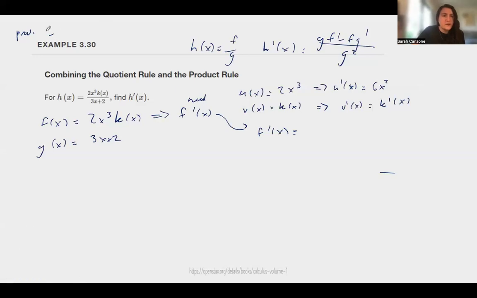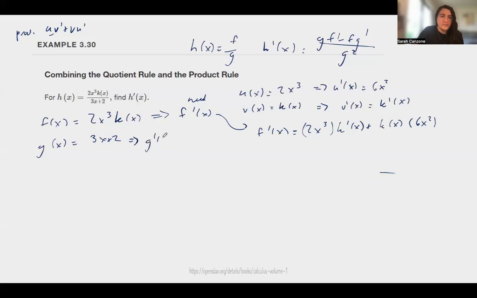So in terms of u and v, you can say u times v prime plus v times u prime, maybe. So we could plug right into this. So u is 2x to the third times v prime, which is k prime of x, plus v, which is k of x, times u prime, which we said was 6x squared. So now this is our f prime.